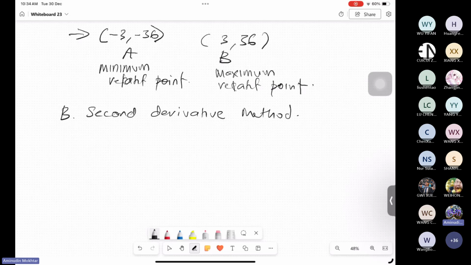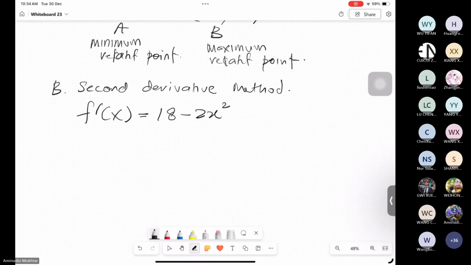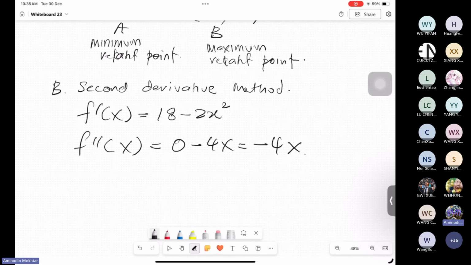We just find the second derivative. Again, our first derivative f prime x is equal to 18 minus 2x squared, and then the second derivative is equal to 0 minus 4x, which is negative 4x.